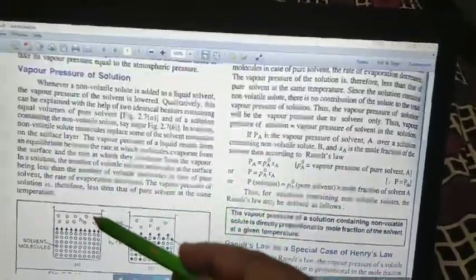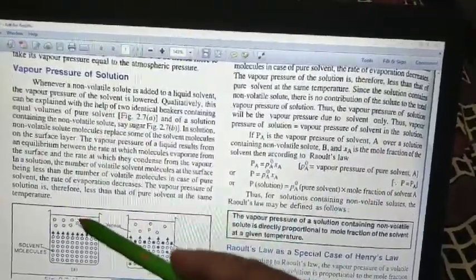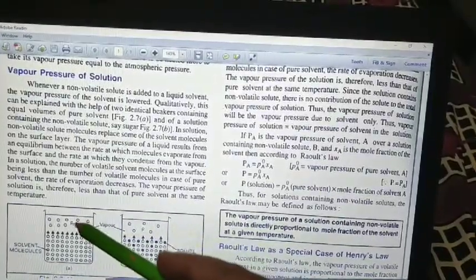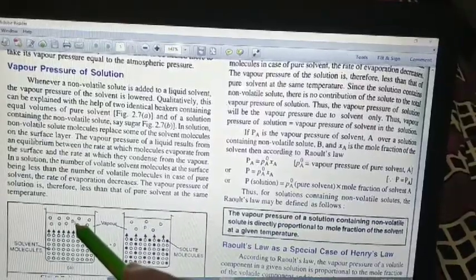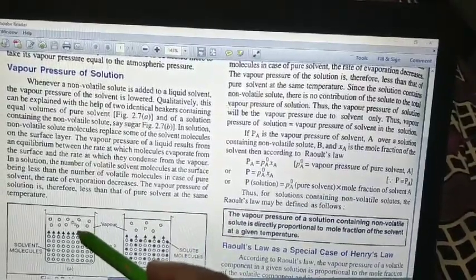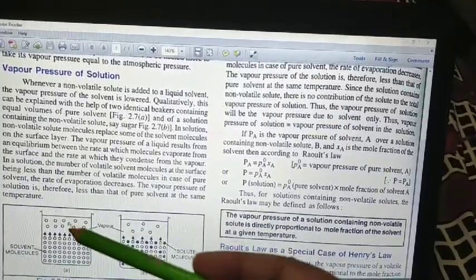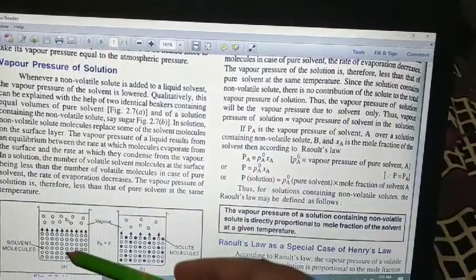Okay, now this process continues until the vapors that are produced over here start condensing, that means converting from gas to liquid form.